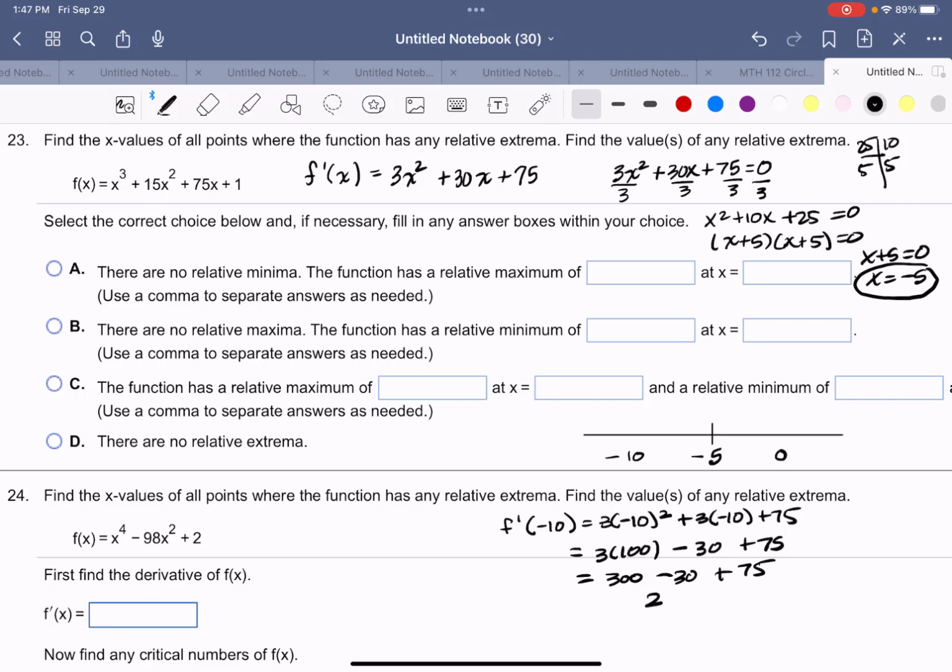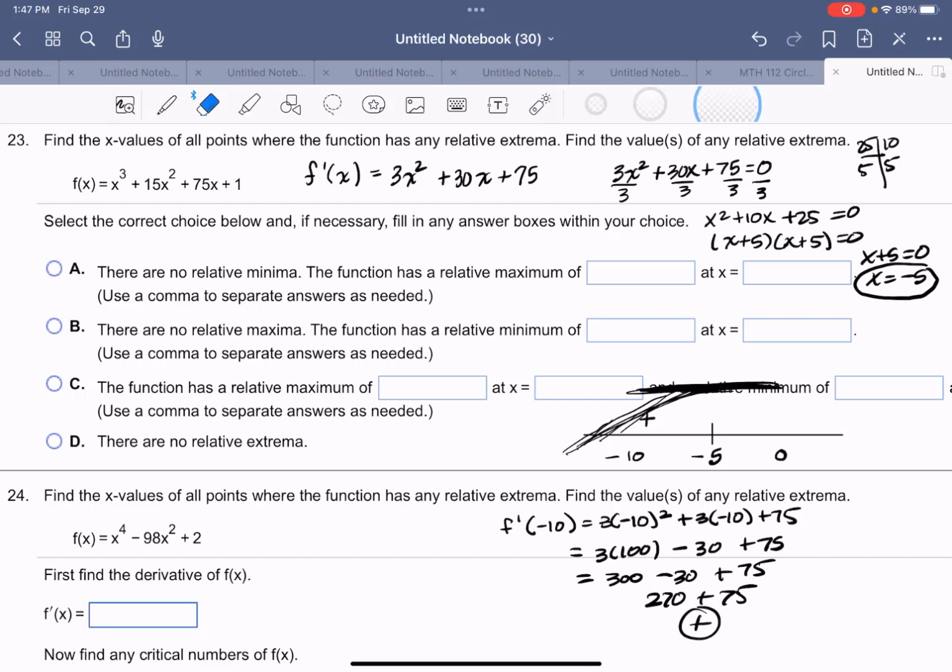And again, we really don't have to go all the way. I can see that this is going to be a positive number. So it is positive on the left. That means our original function has tangent lines that are positive slope. It's going uphill. It's increasing here until we get to minus 5 where the slope is 0.